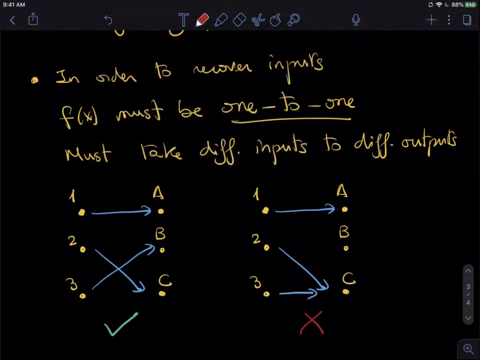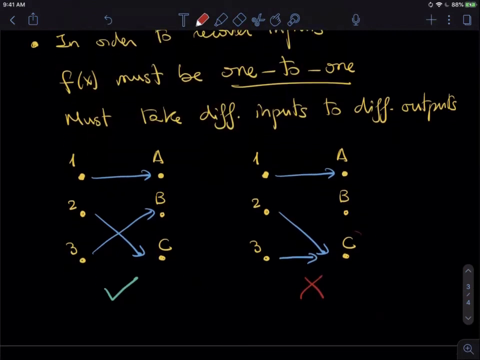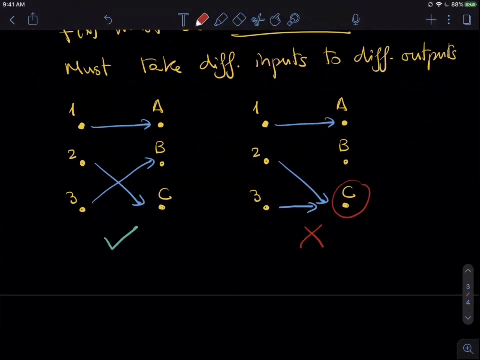No, because two inputs are going to the same output. So if I try to go back from C, then I don't know if the output C is coming from the input 2 or the input 3. You see what I mean? So this is the same problem we're having with x squared and the sine of x, only those were a larger number of values.